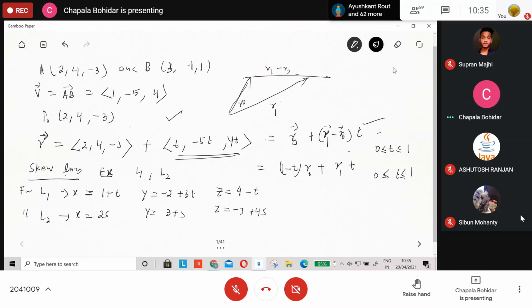So now, in L1, vector V is equal to how much? Tell me. From here you can find the vector of coefficients of t, that is 1, 3, minus 1.